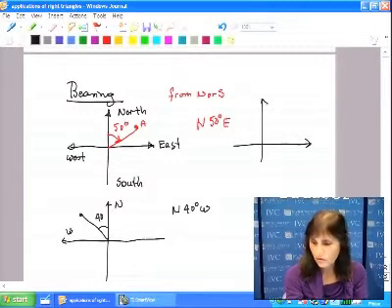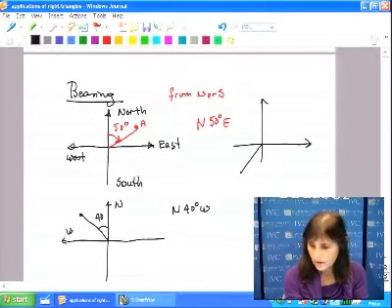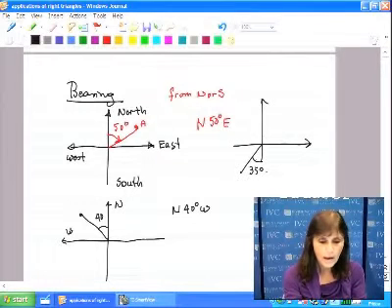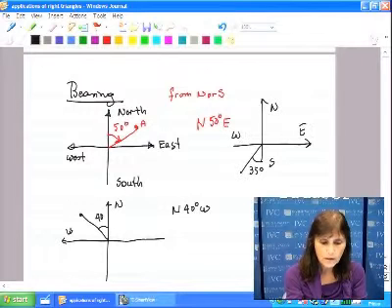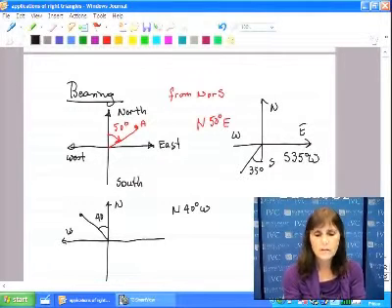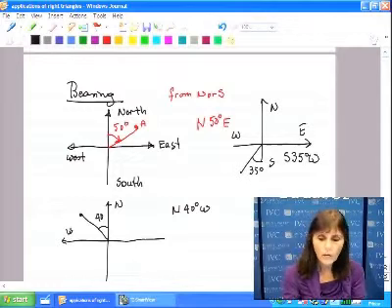Let's do another one here. Let's go this way. Let's say I went 35 degrees that way. And so this is north, south, east, west. So where did I start? I started south. I went 35 degrees. I went towards west. Cool.